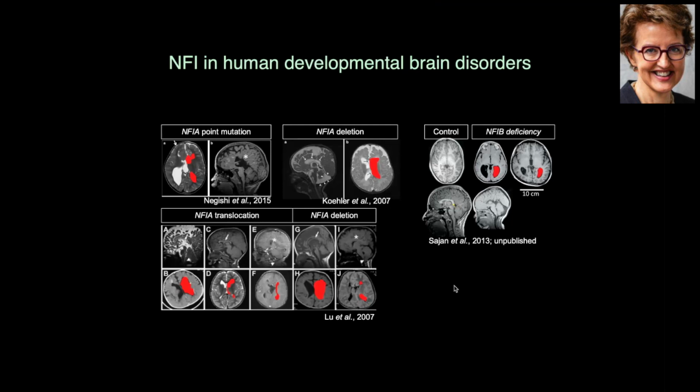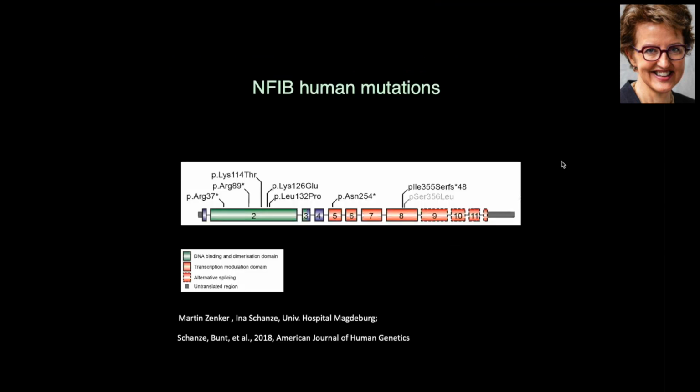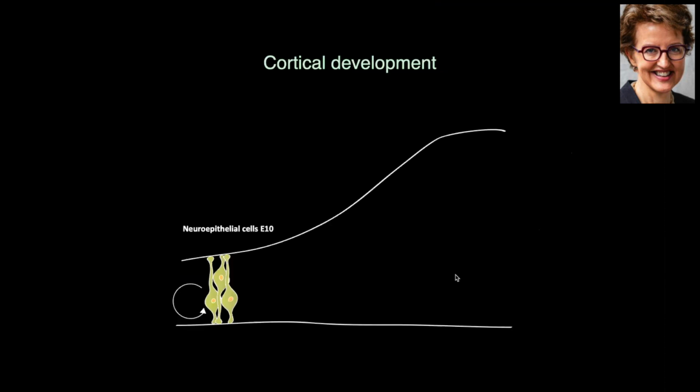And of course, they have agenesis or dysgenesis of the corpus callosum. They also demonstrate enlarged brains, so the megalencephaly that I mentioned before. So we studied NF1B mutations in this paper, and we identified a number of different mutations across the NF1B gene in different exons that are associated with human disease.